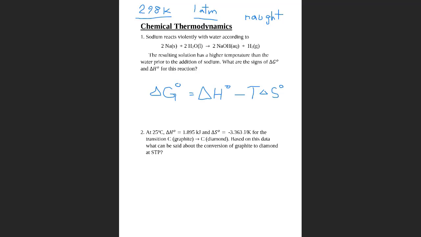But in our lifetimes, we're not going to see it happen. Diamond is less stable than graphite, so diamond on its own will convert to graphite, but very, very slowly.